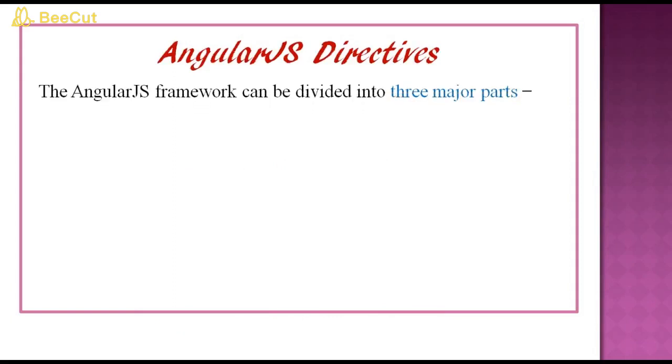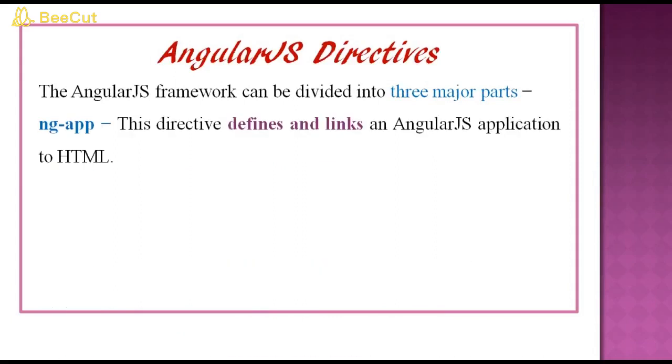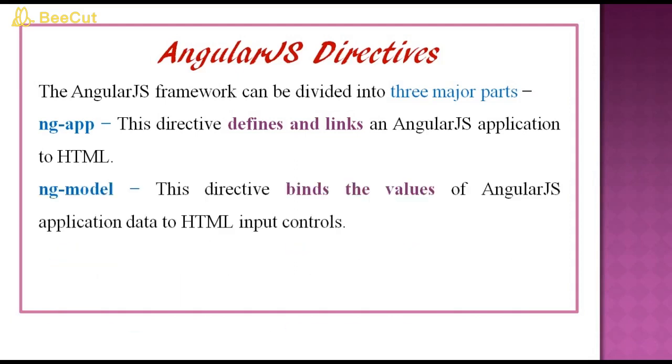The AngularJS framework can be divided into three major parts. First part is ng-app. This directive defines and links an AngularJS application to HTML. Second part is ng-model.